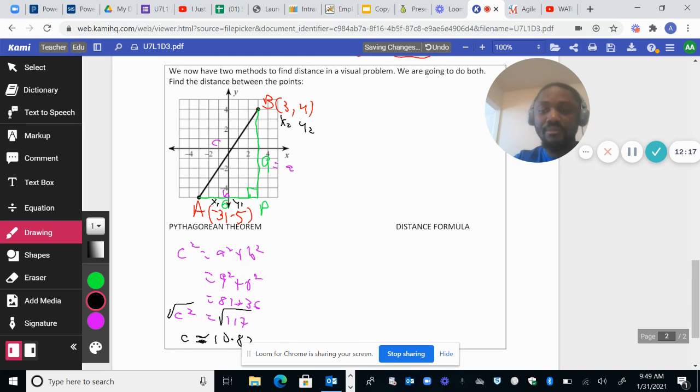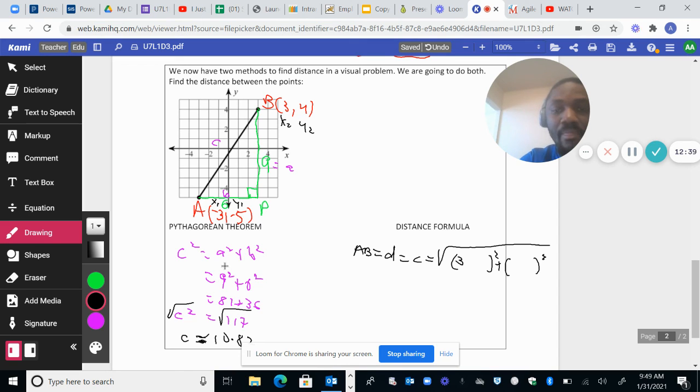With the distance formula, my AB, which I'm going to call D, which you can also call C, is the square root of bracket squared plus bracket squared. X2 minus x1, my x2 is 3, my x1 is negative 3, so minus negative 3. Y2 is 4 minus y1, which is negative 5.